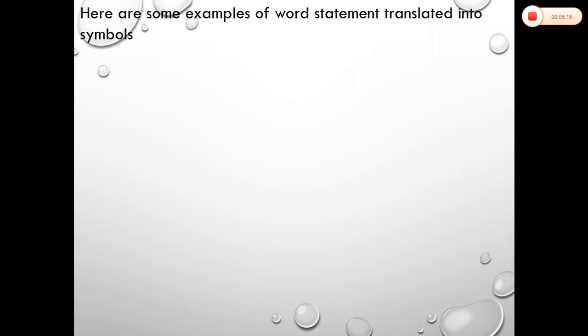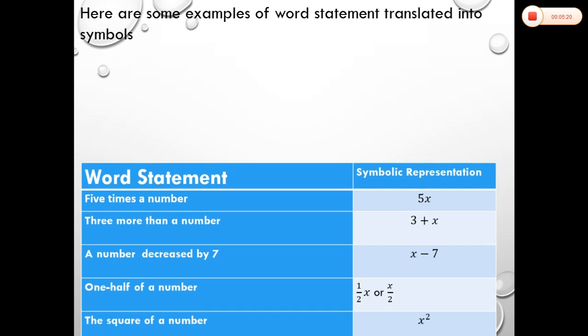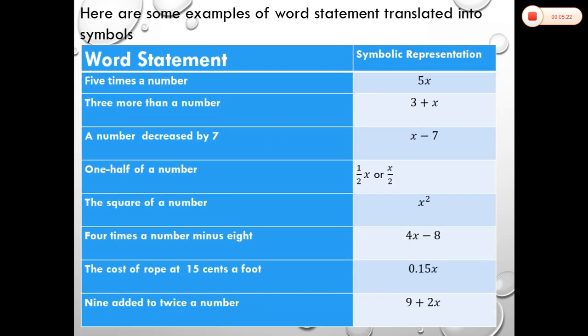Here are some examples of word statements translated into symbols. The first column is the word statement, and on the right column is the symbolic representation using variables and numbers. 5 times a number is translated in mathematical symbols such as 5x. 3 more than a number is 3 plus x.